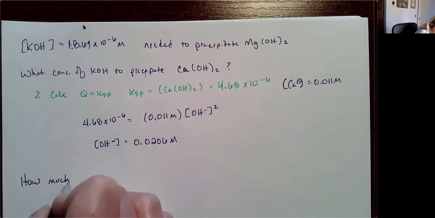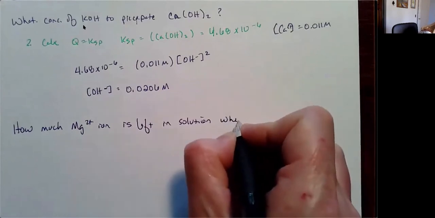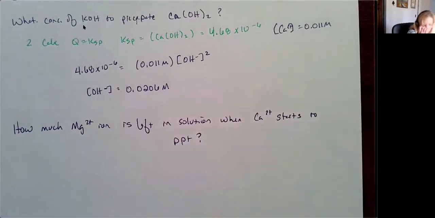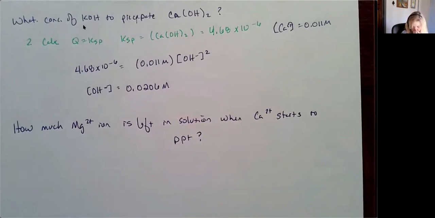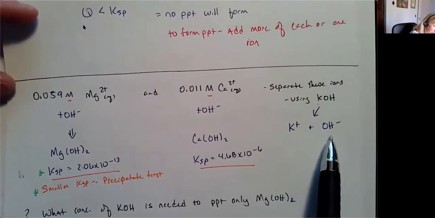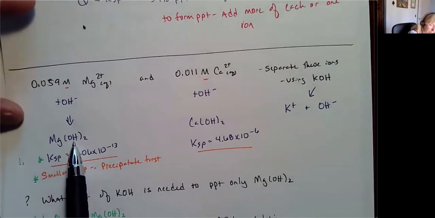How much magnesium ion is left in solution when calcium ion starts to precipitate? Remember, we have an equilibrium scenario happening with everything. So I have magnesium hydroxide solid that I'm forming by adding in potassium hydroxide, but I'm always going to have a little bit of equilibrium here.